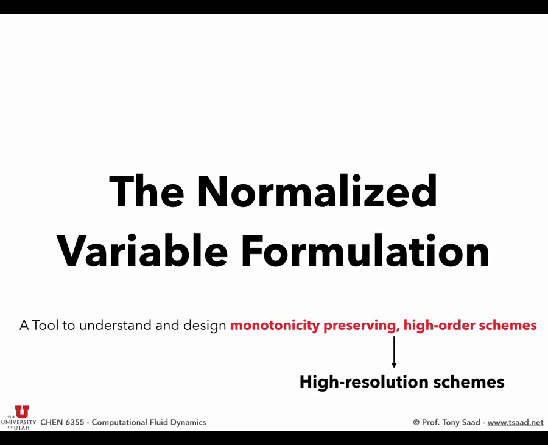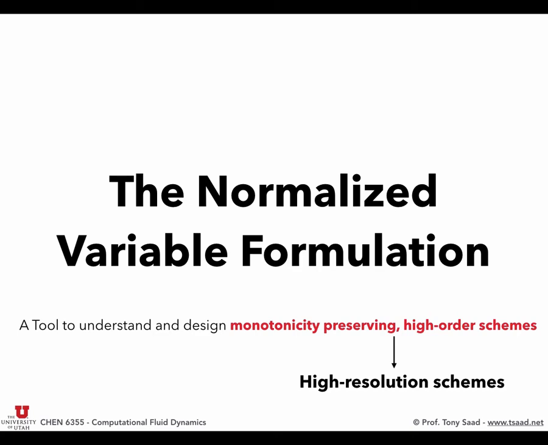Every time I say I'm going to use a high resolution scheme, it means I'm using a monotonicity preserving high order approximation for the fluxes. We're only talking about the fluxes here. If I say high order, you're probably going to produce oscillations. So high resolution is a monotonicity preserving and high order scheme.